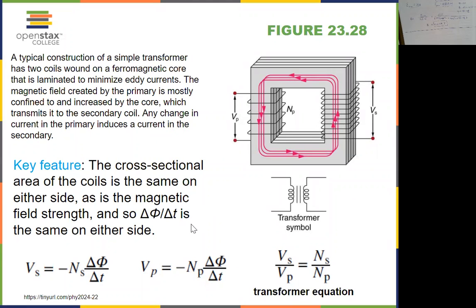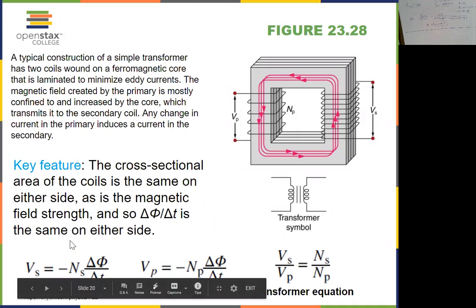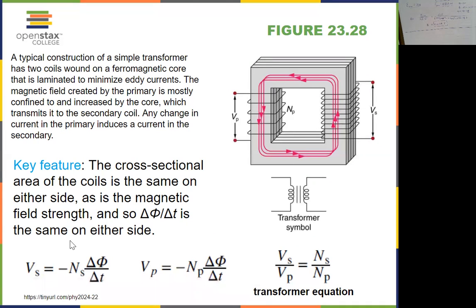Basically, this is the equation. The voltage on the secondary coil is equal to minus N times delta phi over delta t according to Lenz's law. In the primary coil, it's the same: Vp is equal to minus Np times delta phi over delta t. Now delta phi over delta t is the same on the secondary and primary, so you can relate the two equations.